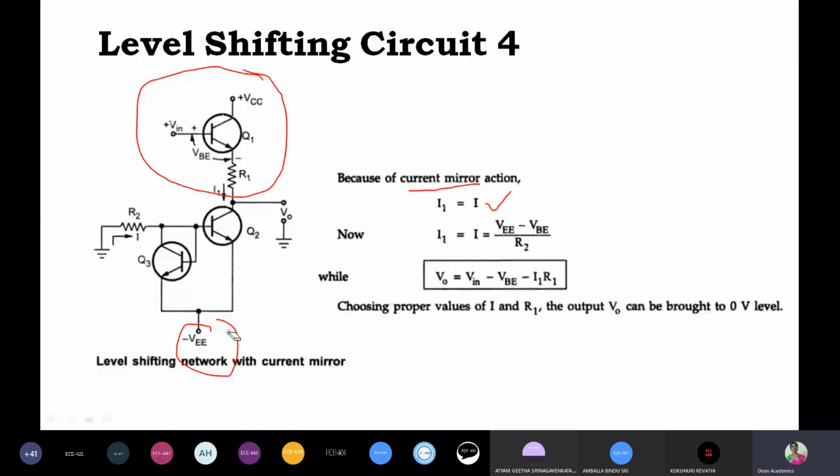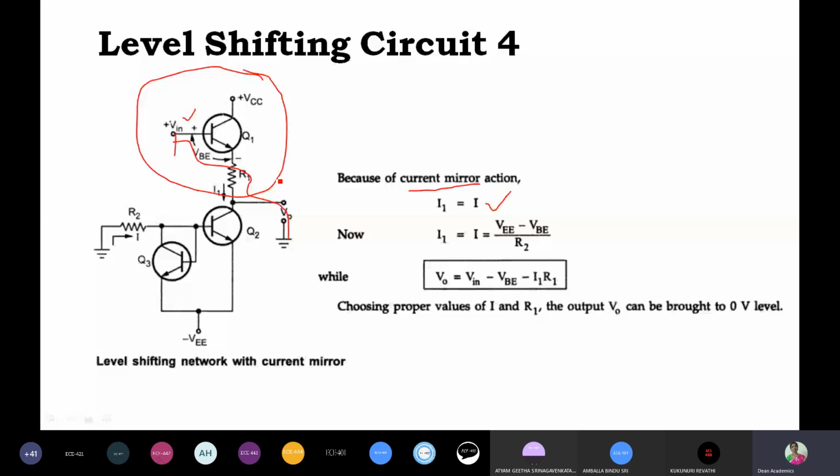Consider this loop first. In the previous case, this minus sign and this ground and this ground, so V naught is equal to V in minus VBE minus I1 R1. Here, V naught is equal to V in minus VBE minus I1 R0.